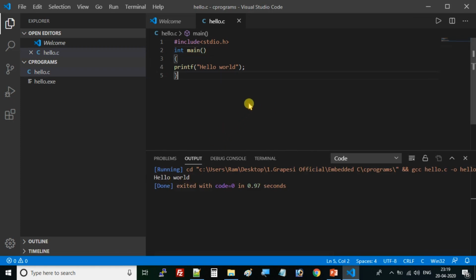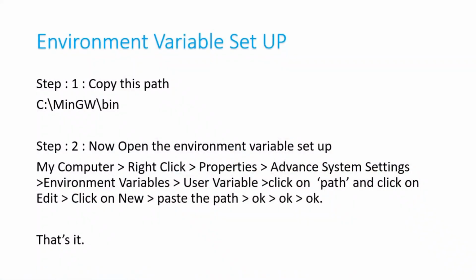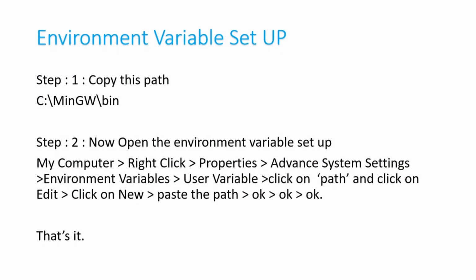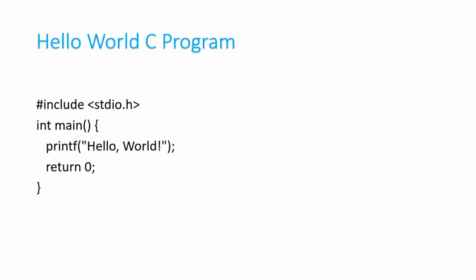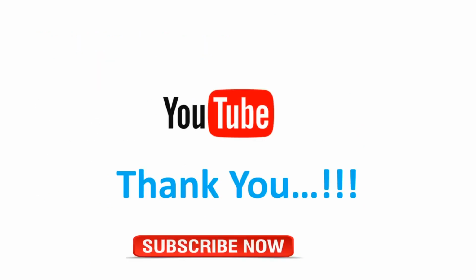So we can say we are able to run our C program code in Visual Studio Code. Now you can write your C programming language code in Visual Studio Code and run it here. This is the environment variable setup related thing, so you can check it out here. And this is the Hello World program you can write in Visual Studio Code.